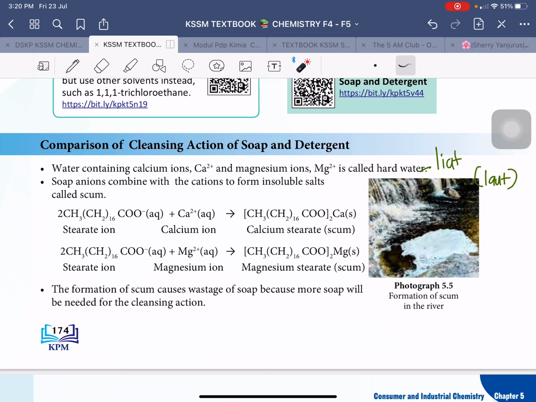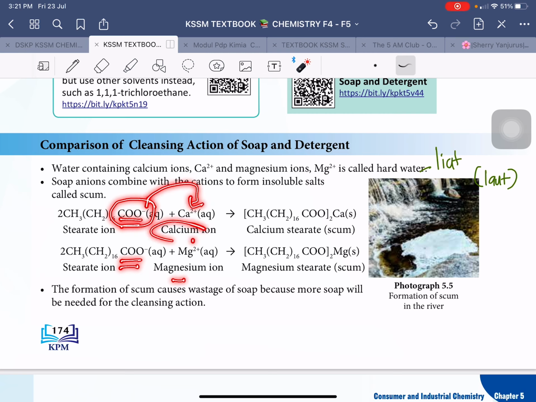So what's going to happen is the soap anion is going to combine with the cation. If you put soap in hard water, you know what will happen? Your soap, yang ada COO- ni kan, this is soap. So your soap anion is going to combine with the calcium and magnesium.